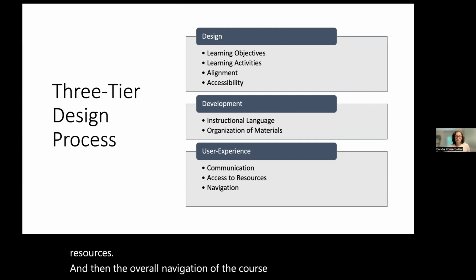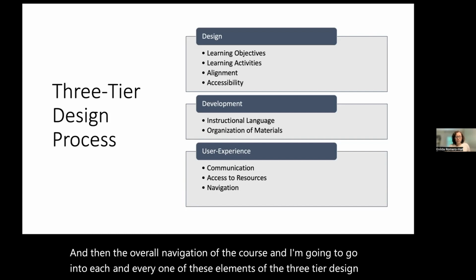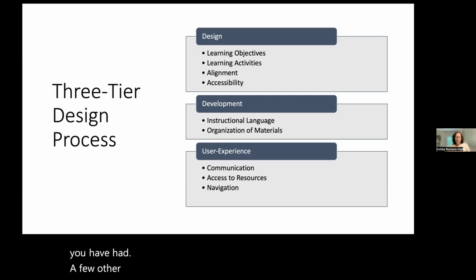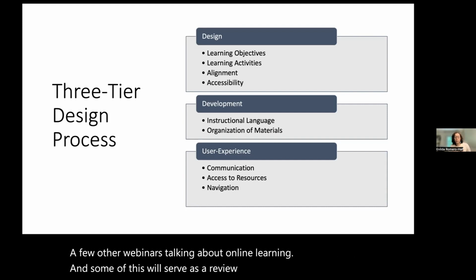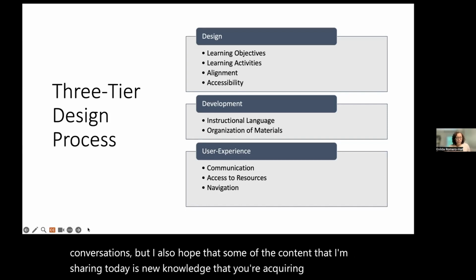And I'm going to go into each and every one of these elements of the three-tier design process. Before I move on, I know that you have had a few other webinars talking about online learning. Some of this will serve as a review of previous conversations, but I also hope that some of the content I'm sharing today is new knowledge that you are acquiring.